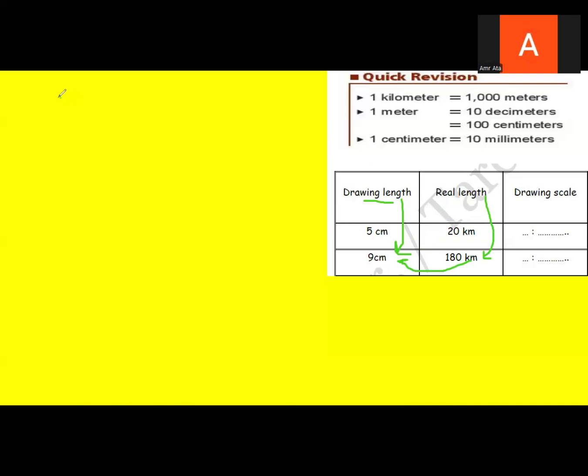So convert equal 180 times 100,000. So equal, I have 5 zeros, so I write 18 and 1, 2, 3, 4, 5, 6. 18 million.